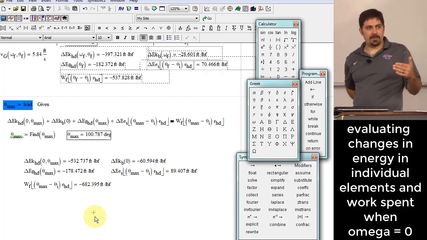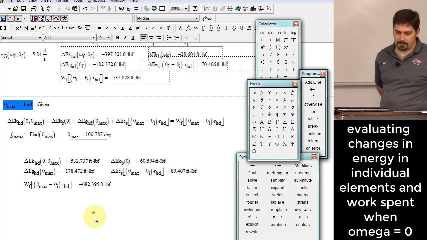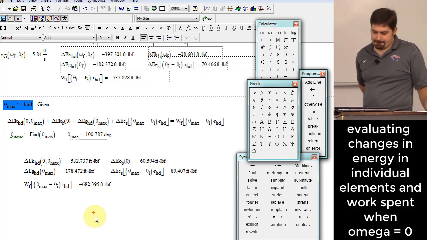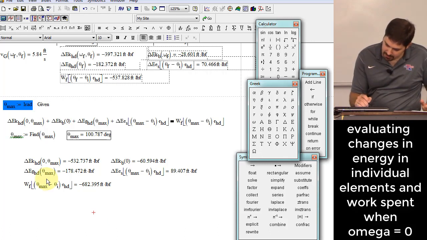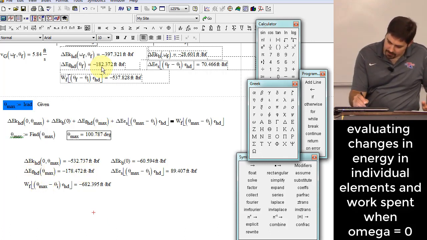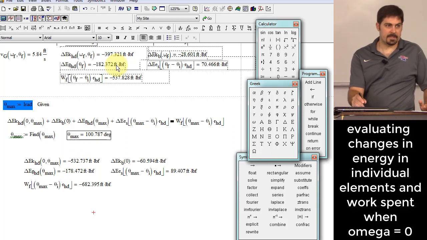We have a negative energy transferred into the system, meaning we lost energy out of the system due to that brake. All right. One of the ones I wanted to point out here for gravity, right? See how this number is a little bit less than this number? Does that make sense?